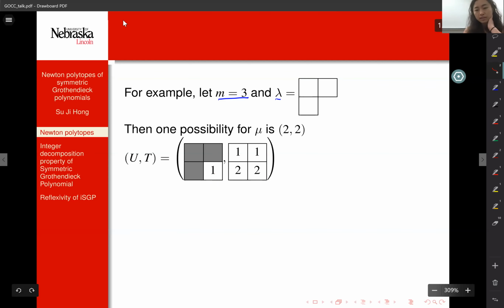When I say semi-standard Young tableau, I just mean I'm going to fill this 2 by 2 shape with 1, 2, and 3 in a way that rows are increasing, but non-strictly, and columns are strictly increasing.